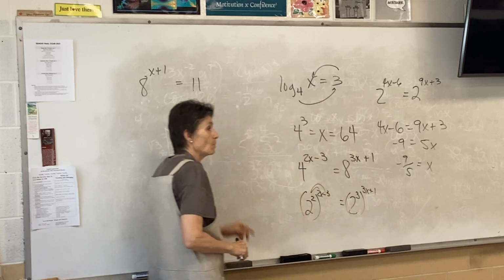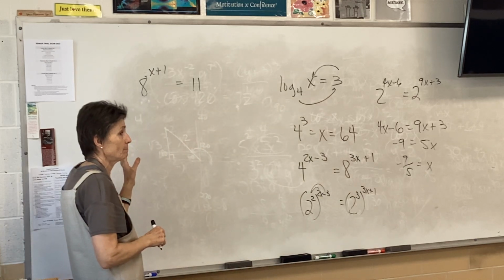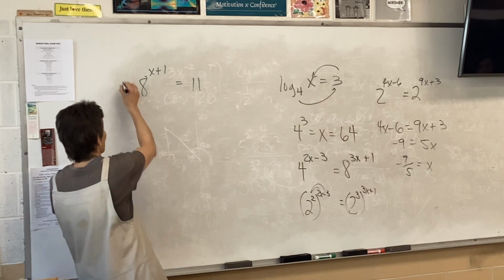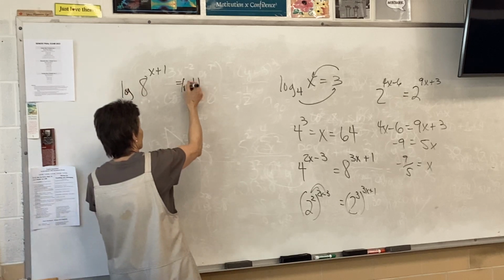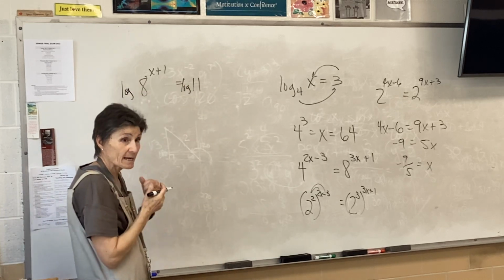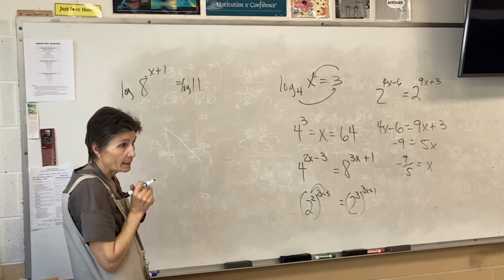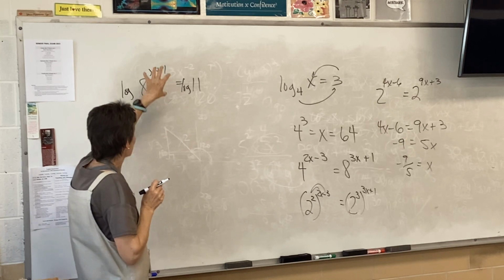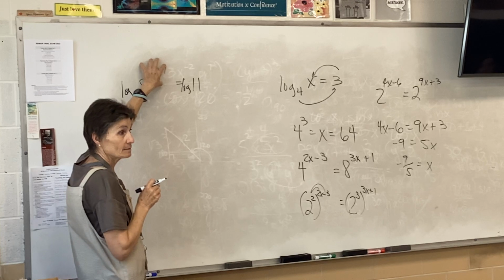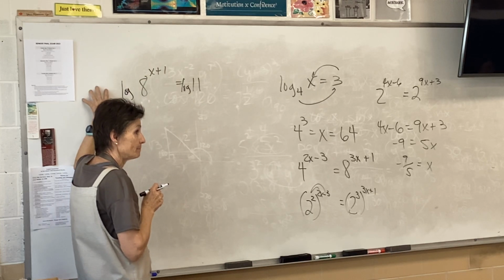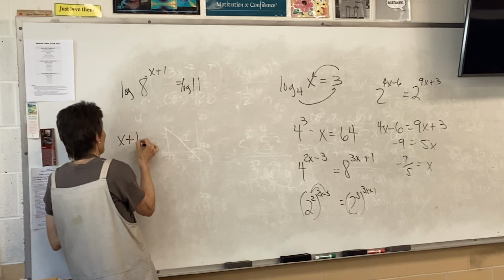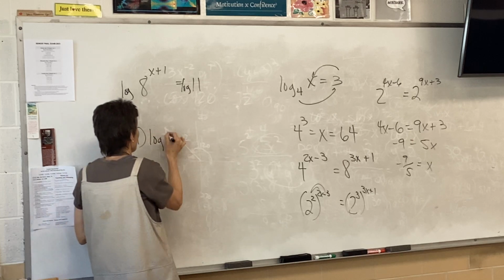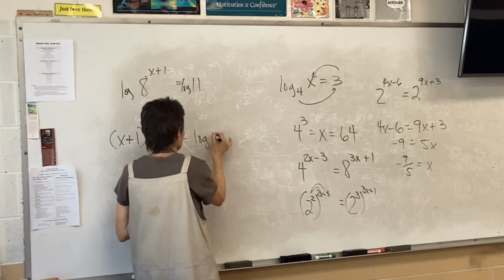No. So if you can't change them, then you're going to have to use logarithms. Remember that handy little trick? And what happens when you take the logarithm? This guy comes out front. So x plus 1 log 8 equals log 11.